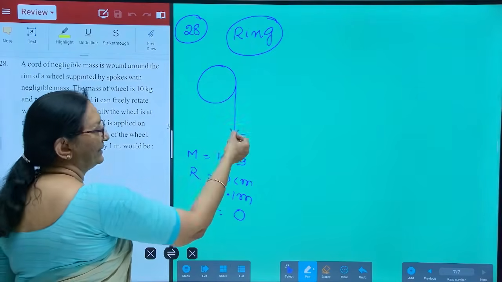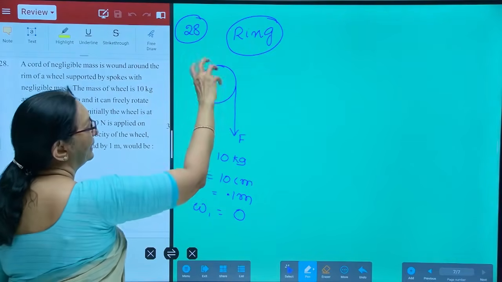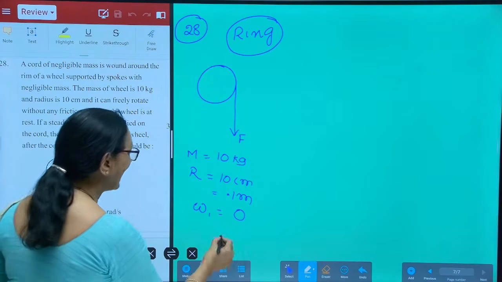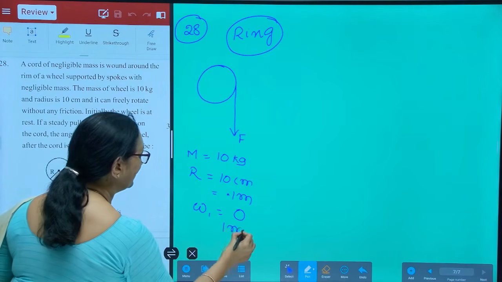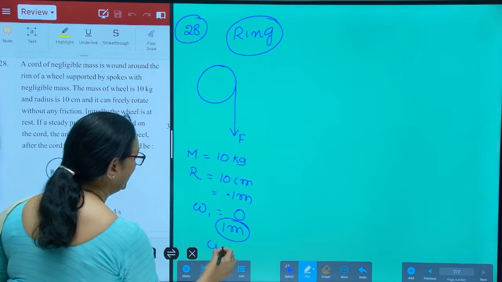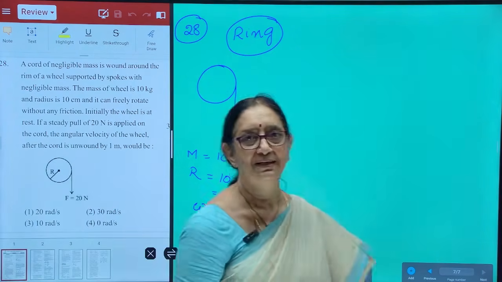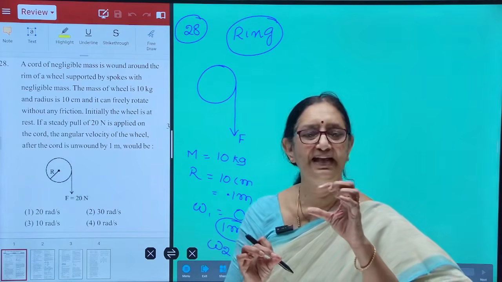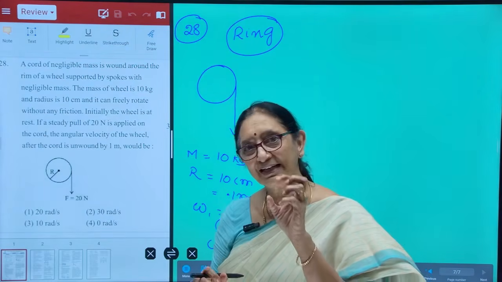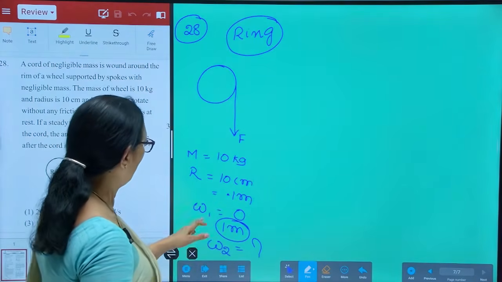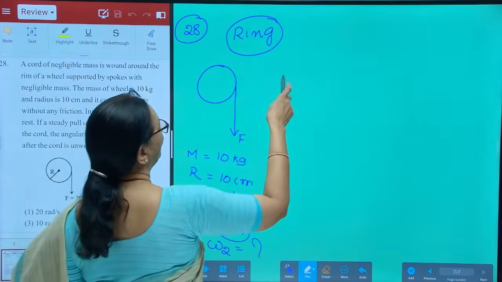By applying continuous force, naturally, the wheel rotates and the cord gets unwound. By the time the cord gets unwound by 1 meter, you need to find out the angular velocity of the wheel. So, the problem looks a bit bigger, so in that case, we go to the end of the problem. Here, what is asked? You are supposed to find the angular velocity.